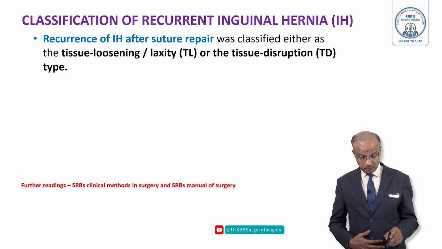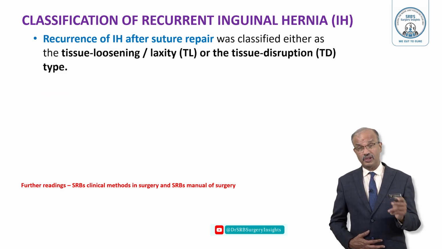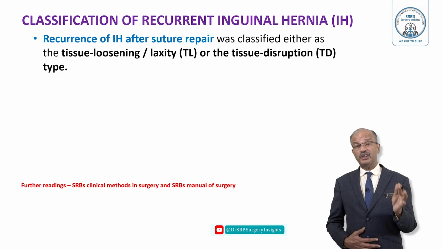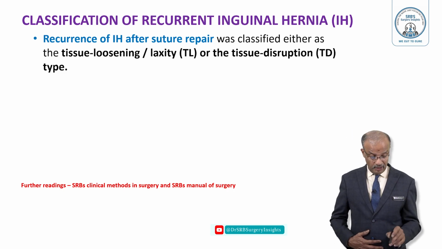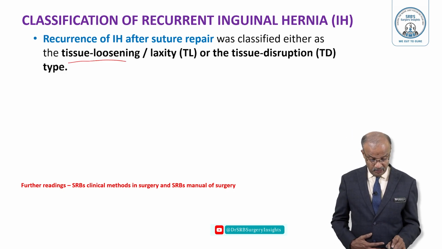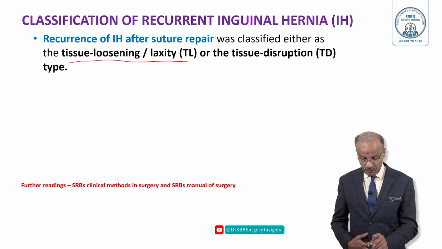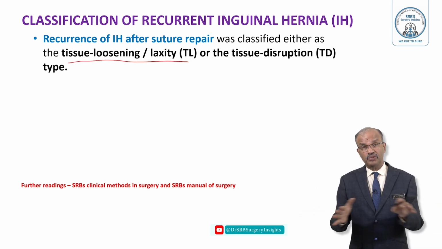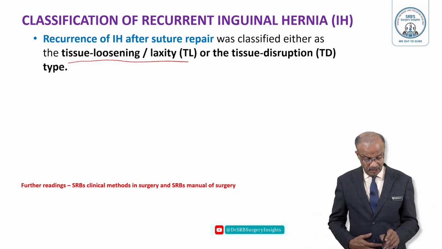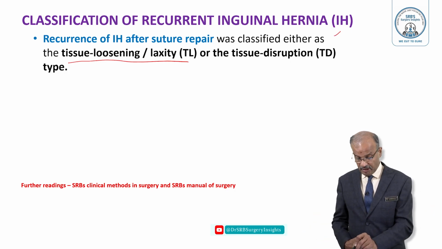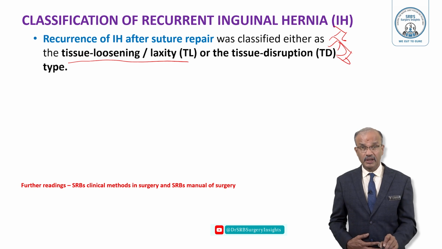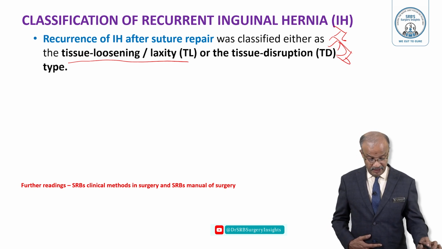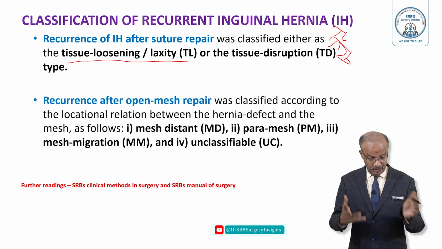In suture repair, there is tissue laxity, called TL, or tissue disruption. Tissue gets weakened, or tissue gets disrupted and ruptures, your suture line disrupts. So these are the two reasons why recurrence can occur. It is classified as TL or TD in case of suture tissue repair, either weakening or disruption.